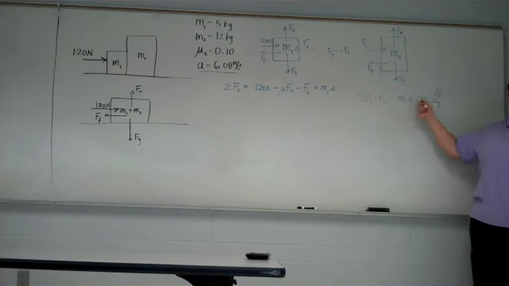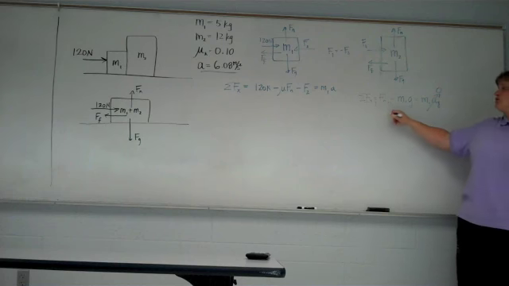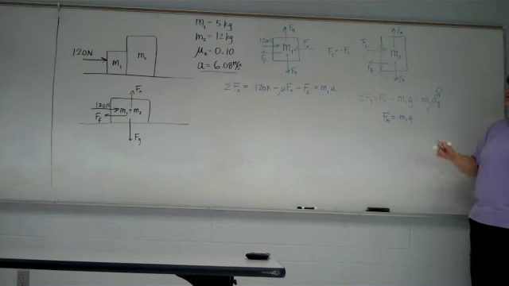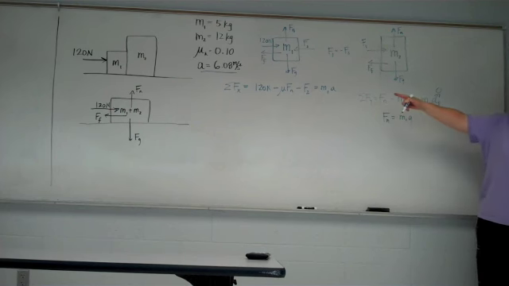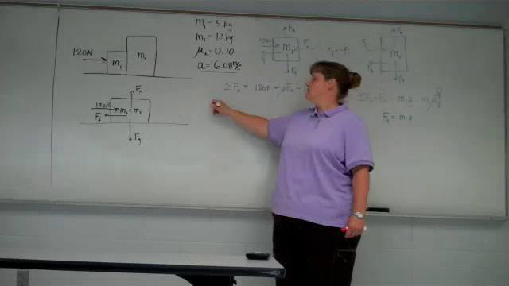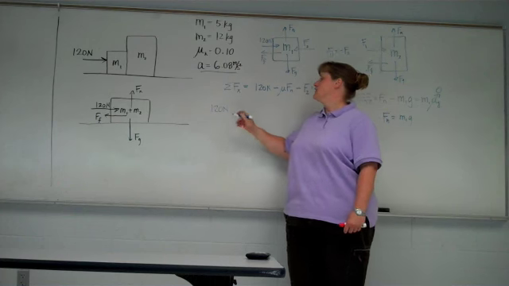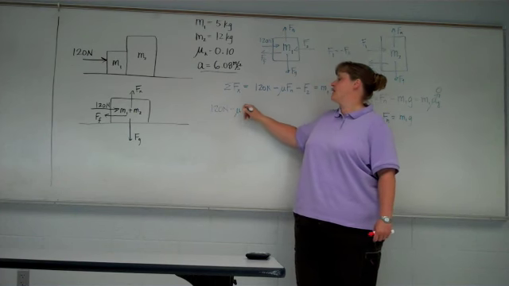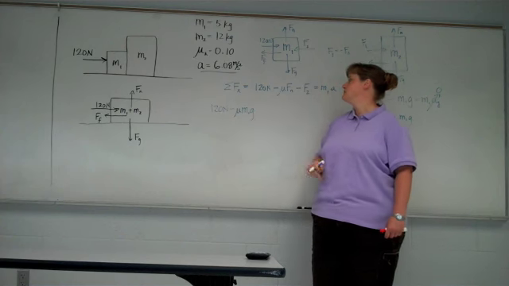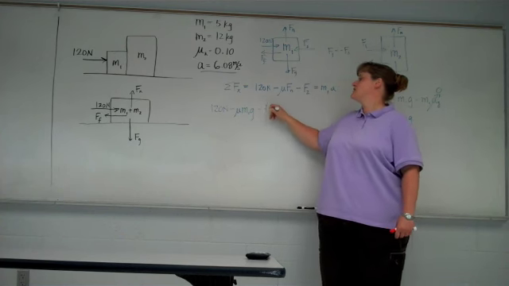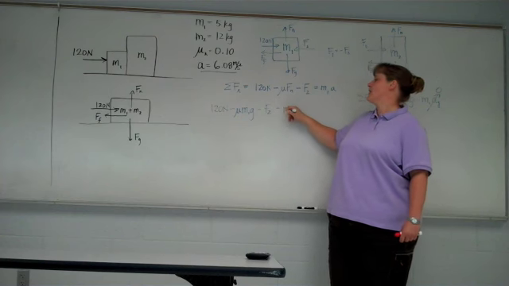So the normal force equals m1g. Plugging that back into the first equation: 120 newtons minus our coefficient of friction times the normal force, m1g, minus force 2 equals m1a.